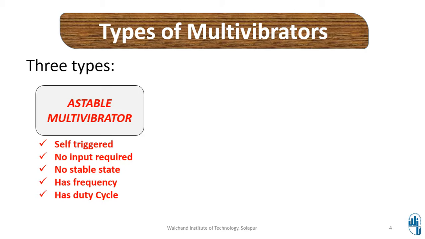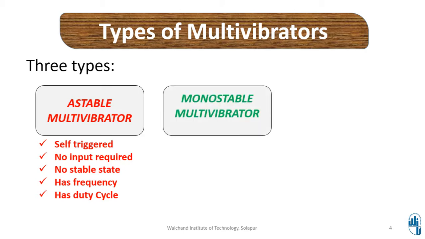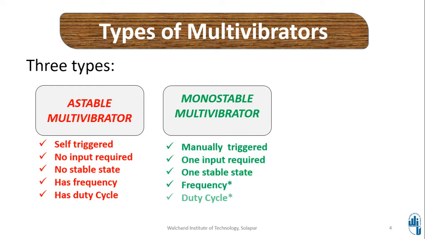The second variety of multivibrator is the monostable multivibrator. This kind of multivibrator, unlike an astable multivibrator, is not self-triggered. It needs some manual intervention or an external trigger to provide an unstable state, which is a temporary state, and after a certain timeout period, it gets back to its own stable state.